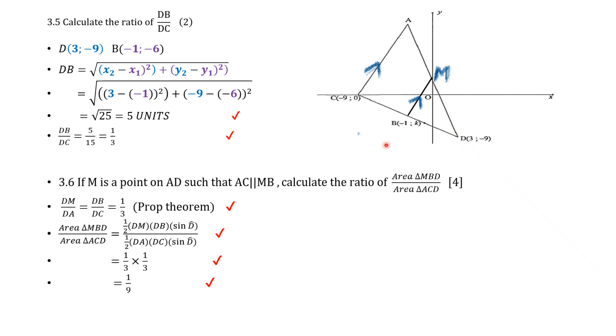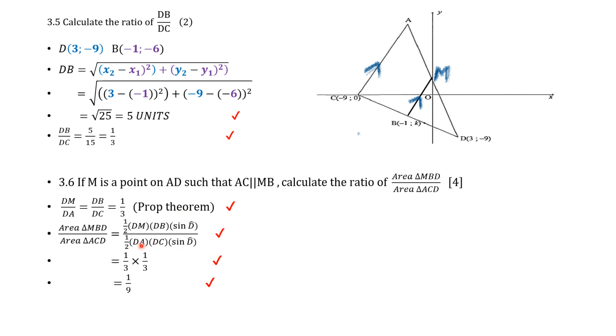And then I have TA, the long side, times TC times sine D. So the smaller triangle is half TM times TB sine D, then the bigger triangle is half TA times TC sine D. Two sides and the angle in between the two sides, right? Half and half cancel. Sine D and sine D would cancel.